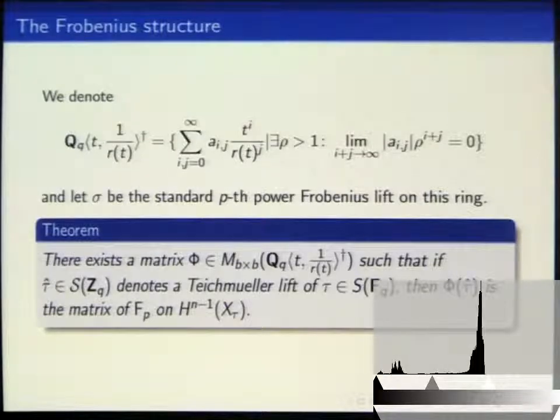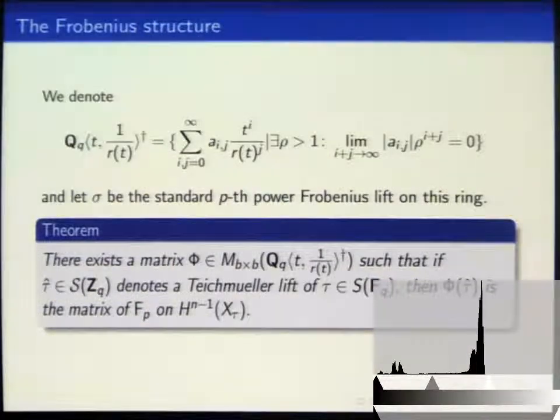If you replace T by X and R(T) by Y, then these are just the functions that converge on a region strictly bigger than the open unit disc in the XY plane. And the only thing I've done is add a relation, that Y is 1 over R of X, or T. So that's exactly what this means, and that's why it's called overconvergent. Why you need this condition is a bit technical, and this is not really the right place to explain that, but you can ask me about it if you want.